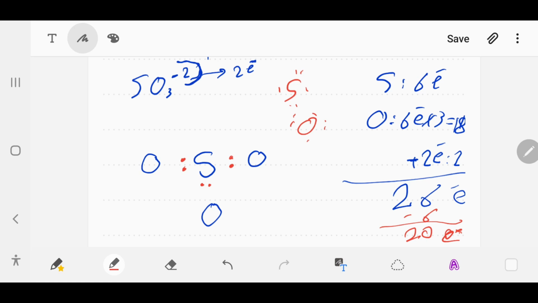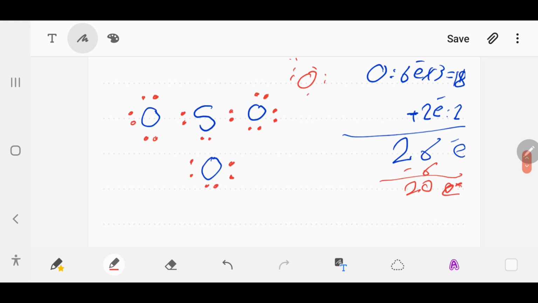So we add 6 electrons to oxygen here, and 6 here, and 6 here. So 6 times 3, we used 18 electrons. So we still have 2 electrons left.